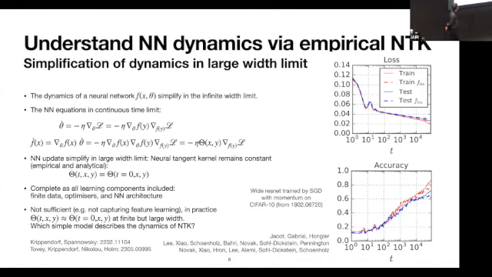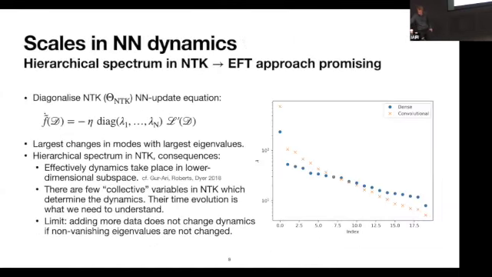However, we do know that this is not sufficient, because when we do experiments, we see deviations, and we see that there's a time evolution of these. So the question is, which simple models describe these dynamics? Then it makes sense to look at this object a little bit more in detail.